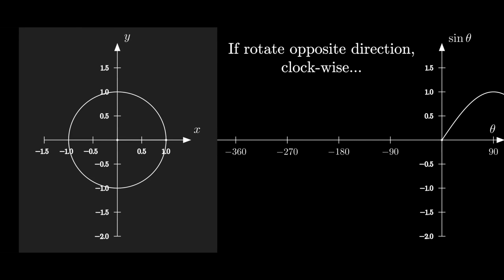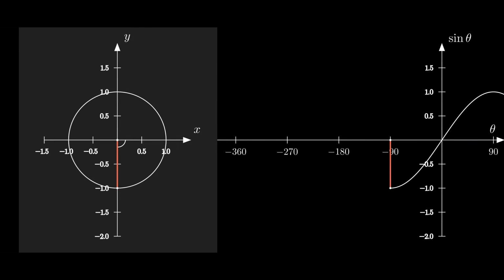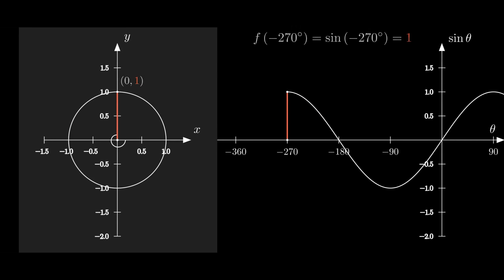If we rotate in the opposite direction, clockwise, we define those angles as negative. At -90, sine is -1. At -180, it's back to 0. At -270, it's 1. And at -360, it completes the loop and returns to 0.